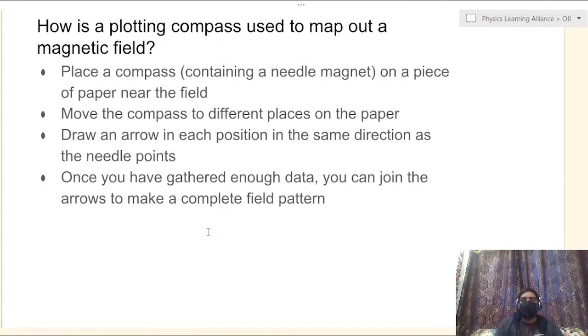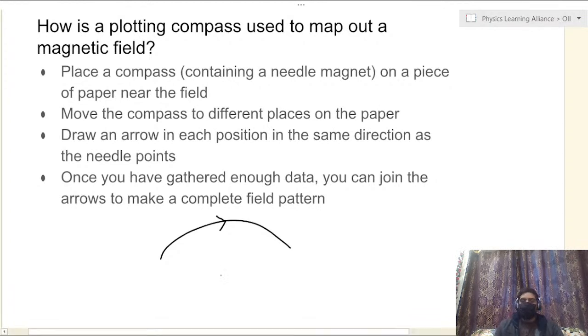magnetic field. There's a limitation with that method: with the compass method you can find the direction of magnetic field as well. You would actually know that if this is a line, the line points from this position to this position, because the needle of the compass will point somewhere.